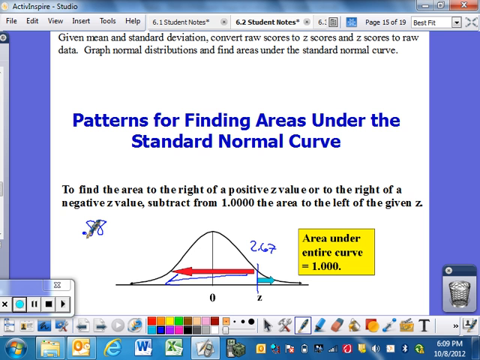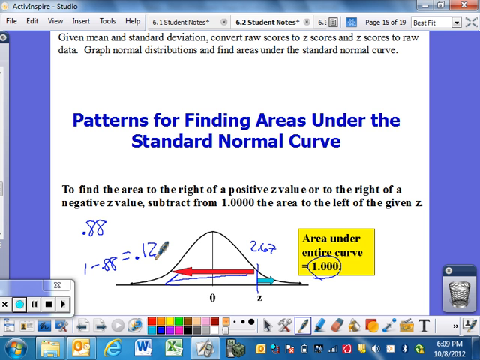Maybe 88% of my data is to the left in this problem. Well, what happens if I want to find the area that's to the right of it? Your whole curve adds up to 1 or 100%. So basically, we've got to think the complement. I go 1 minus 0.88. That means it's going to be 0.12, or 12% would be to the right in this scenario.